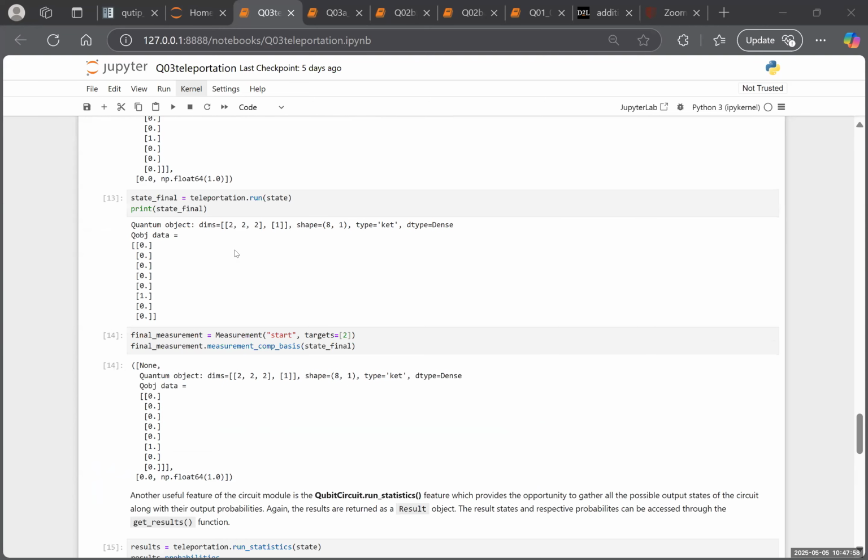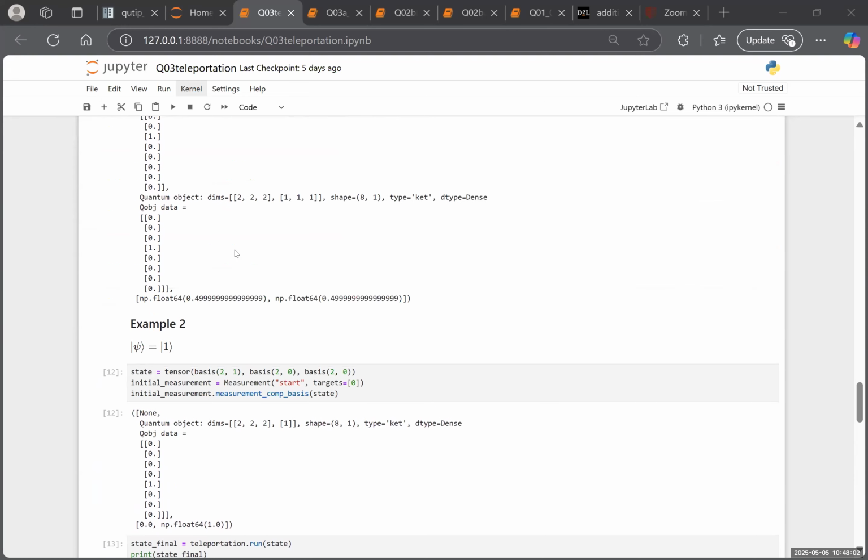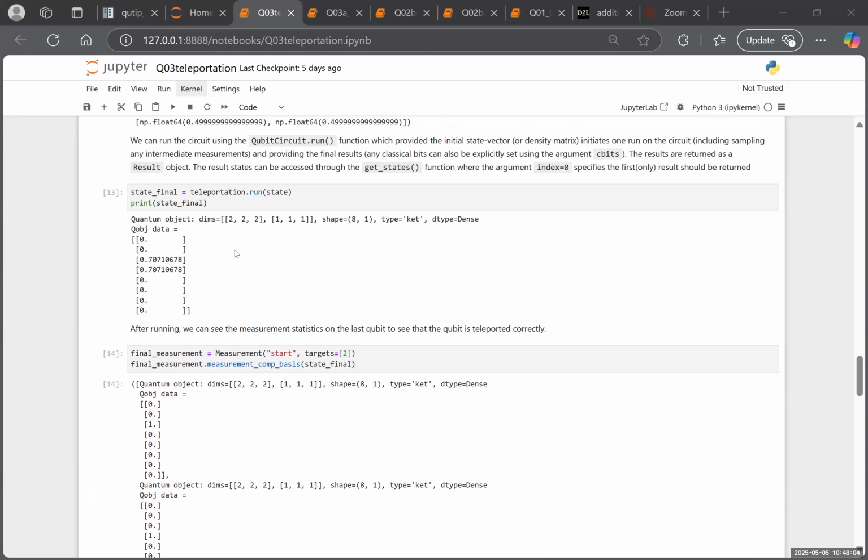And how do we understand this here? We're supposed to get the plus state, right? It starts with the plus state. How do we understand this? We should get the plus state, so we should get 0, 0.